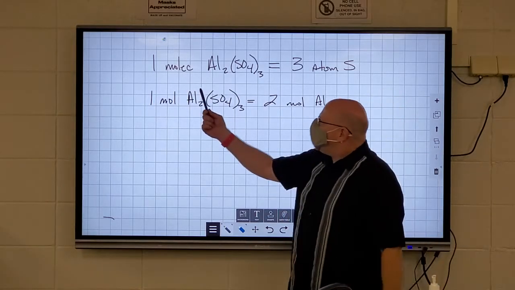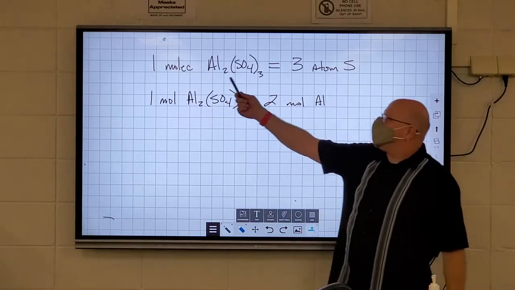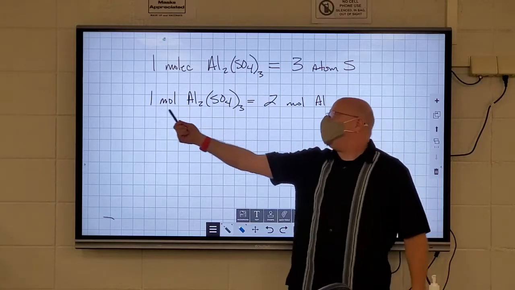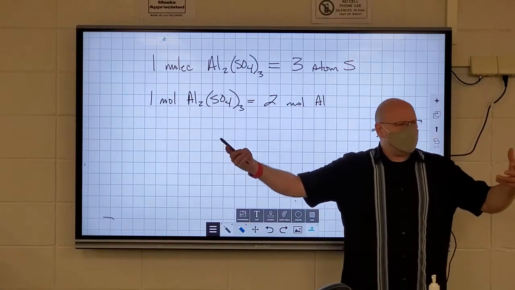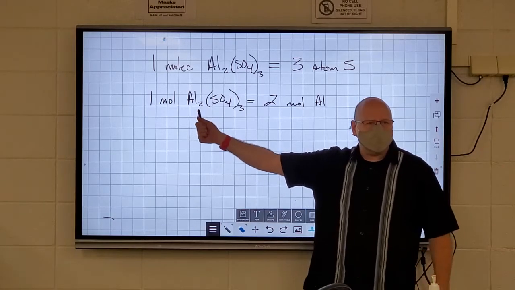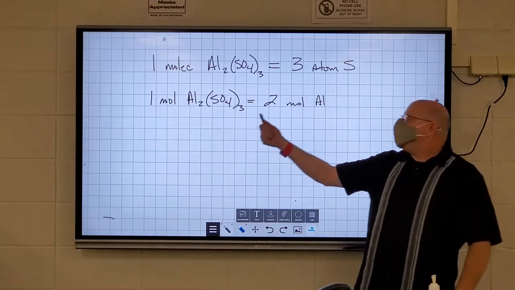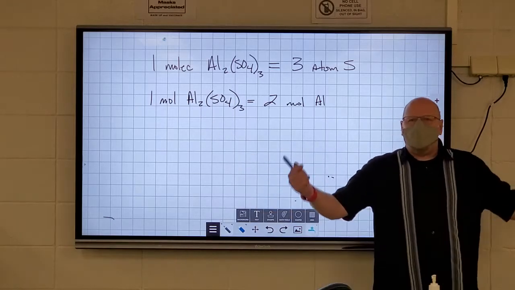Well, if it's just times 3, then if we're doing it as moles, same basic idea. If I had a mole, which means I've got 6.022 times 10 to the 23rd of this, how many aluminum atoms are in that? Twice as many.